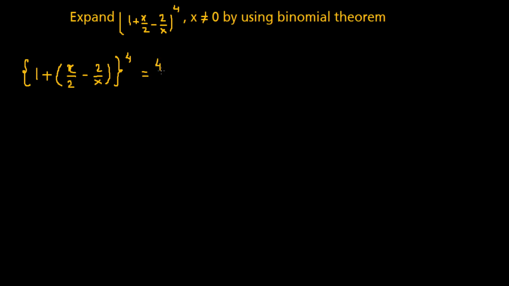So this is simply 4c0. Now, as I mentioned in the previous question, the benefit of having a 1 as the first term is we do not have to write it.